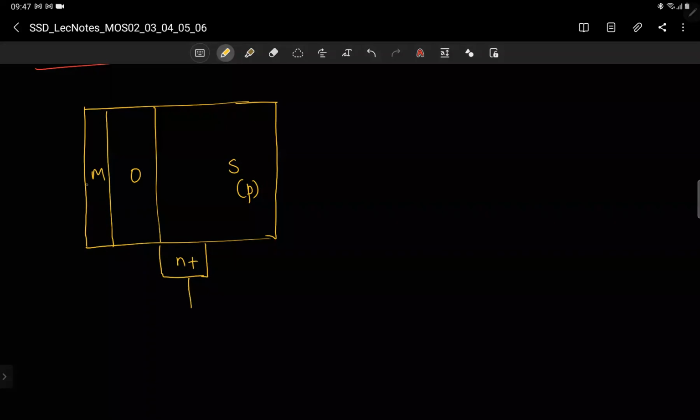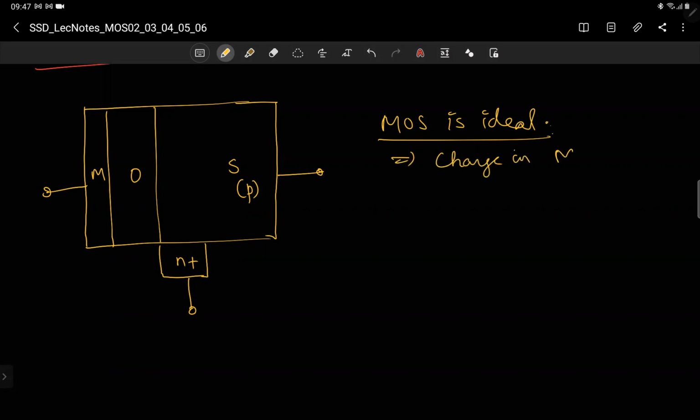Okay, so now what is of importance is this N plus P. Say MOS is ideal, which implies charge in the MOS device should be 0 for 0 applied voltage.